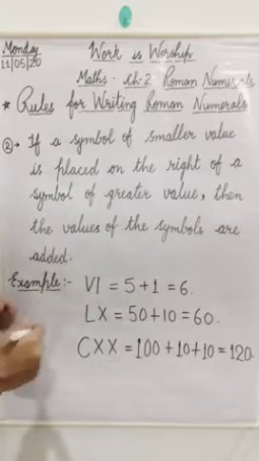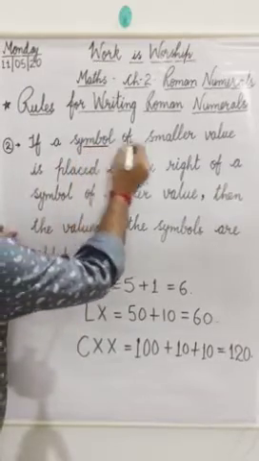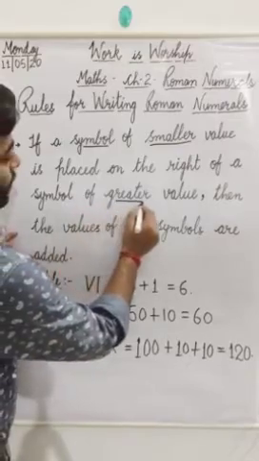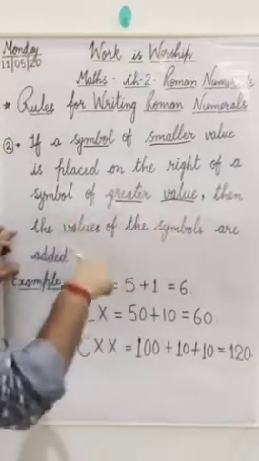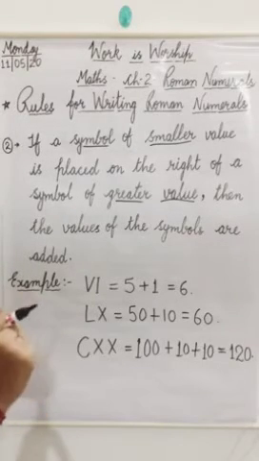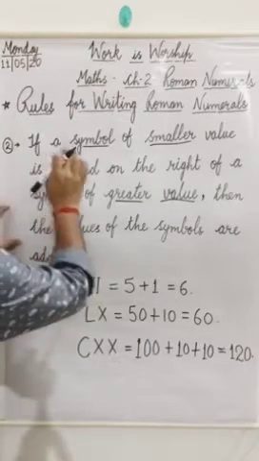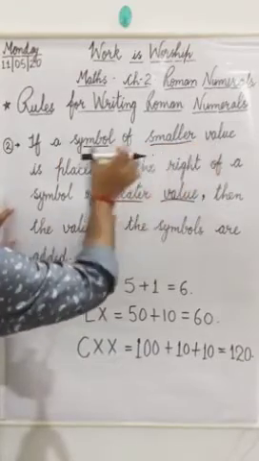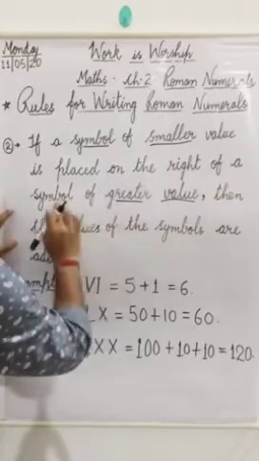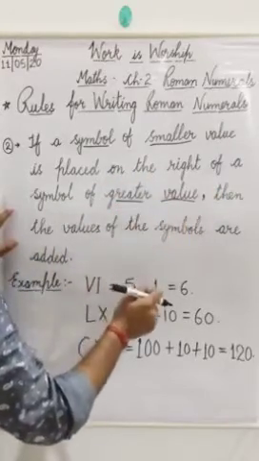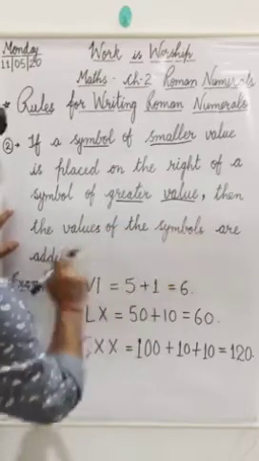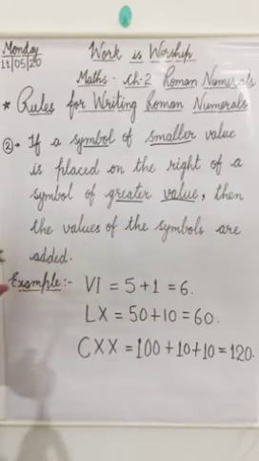It means कि जब भी हम किसी smaller symbol को किसी greater symbol के right में रखते हैं तो वो symbols आपस में ऐड होते हैं. If a symbol of smaller value is placed on the right of a symbol of greater value, then the values of the symbols are added.